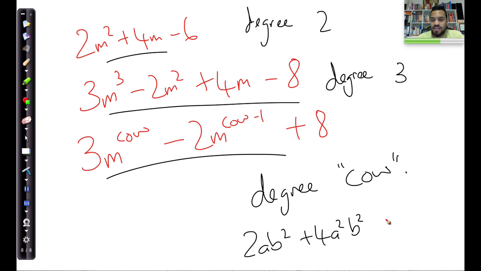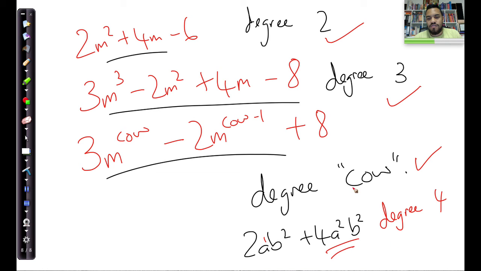So the degree here, this one is of degree 4, because the sum of the highest power is 2 plus 2. Here the power is 2 plus 1. Okay, here it's 2 plus 2 is 4, so this is degree 4. This is just the same variable, it's just m, that is n, that's n minus 1, for example, that is 3 and 2, so this is just like n and n, one less. So this is of degree n, degree 3, degree 2, and this one over here is degree 4, but don't worry too much about this. And that clears all the terminology we have to do with polynomials.